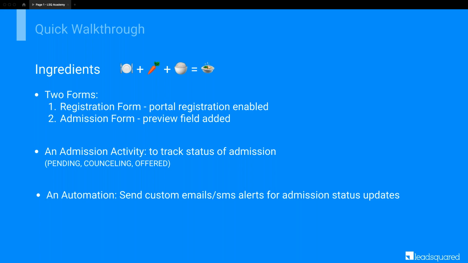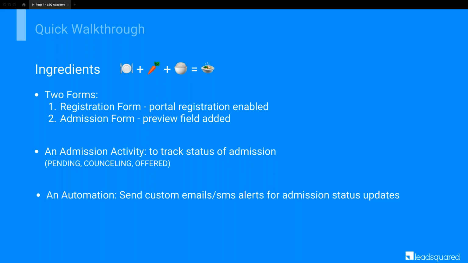Now, having gotten that out of our way, let us go through a quick walkthrough for our university use case that we just saw. Let us establish what kind of ingredients we might need to build our portals. Okay, so we'll need two forms, correct?